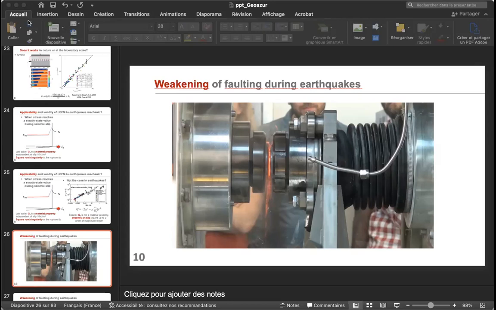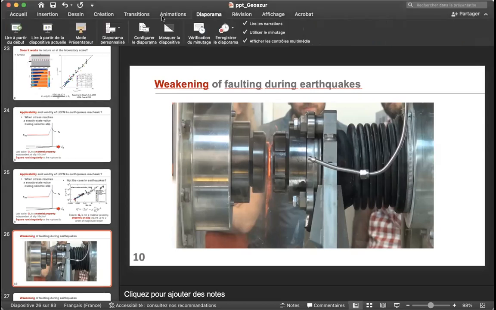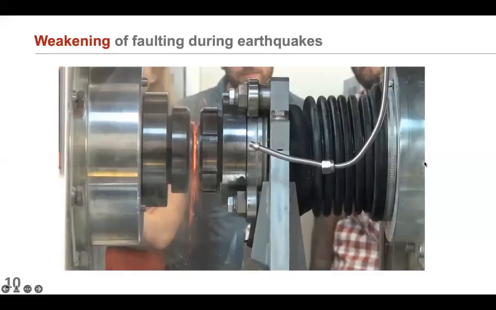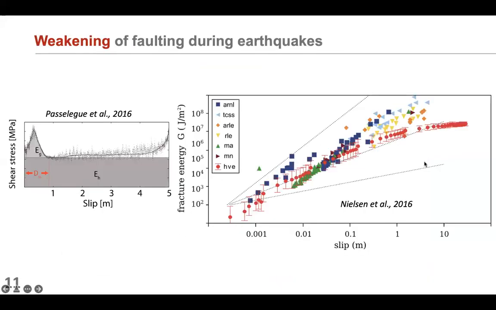So using the measurements that we can have during these experiments, that looks like that. So here you can see the shear stress as a function of slip. It's possible to integrate these curves to have an estimate of what I call here EG, that is a proxy of what we call fracture energy or a breakdown work in seismology.